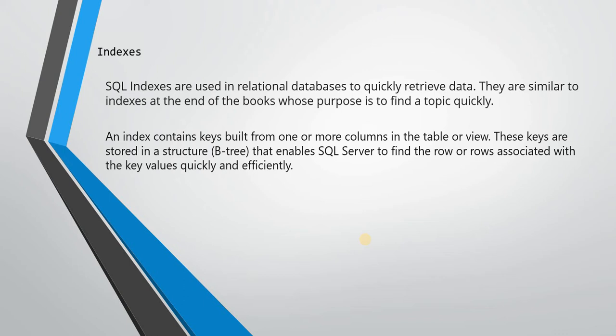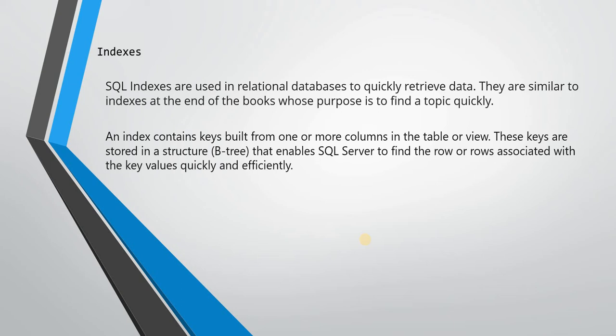Let me give an example. Suppose you have a 1,000-page book. Everybody knows that either in the first or the last part of the book there is an index, where there are chapters, under each chapter there are topics, and against each topic the page numbers are written. This page number is there to find the topic quickly.